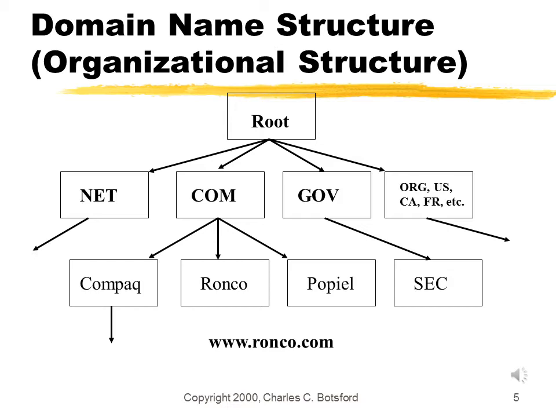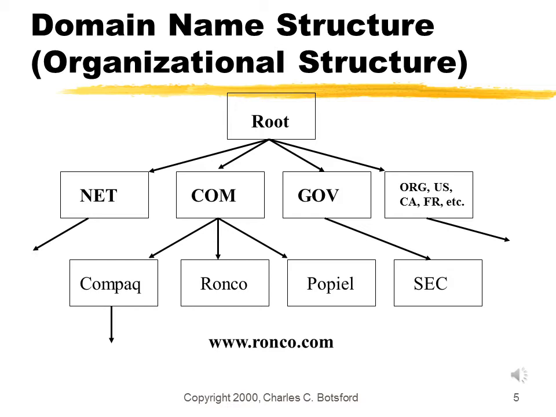This is the com, the net, the gov, the org, and then the two-letter codes associated with each different country. These top level domains are determined by the Internet Naming Organization, and we'll talk about that organization later. And then under each top level domain are the individual names registered by companies and organizations.